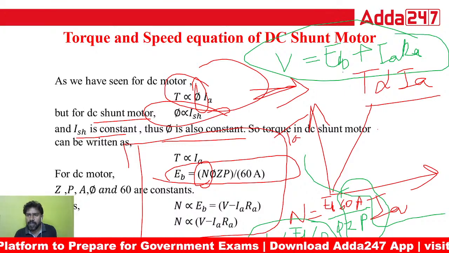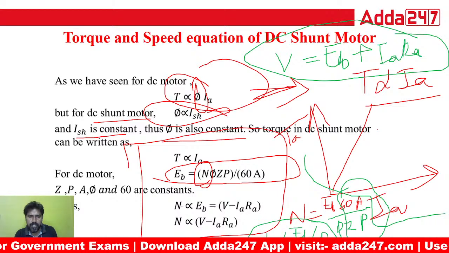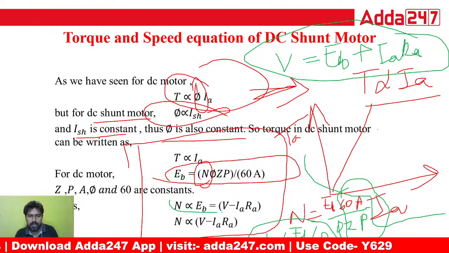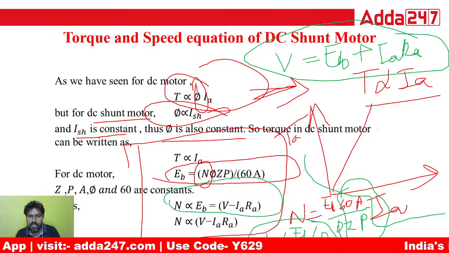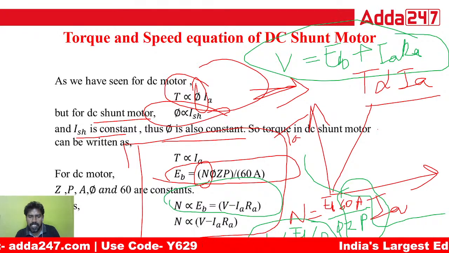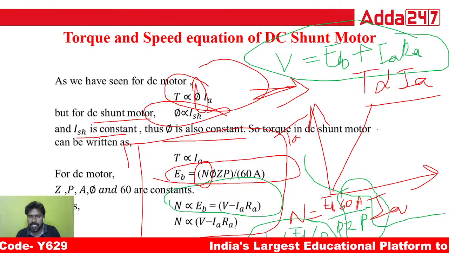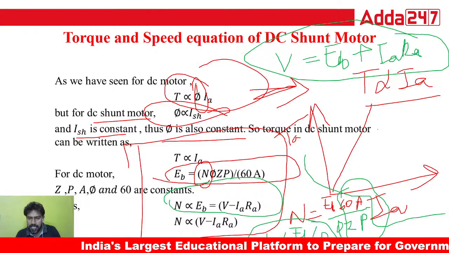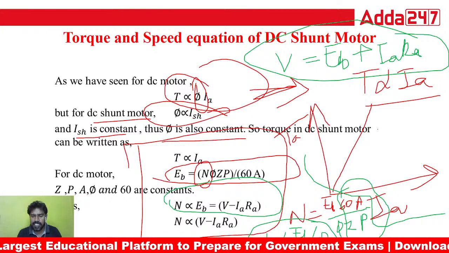So from here, E_b is equal to V minus Ia Ra, and you can substitute it here. Speed is directly proportional to E_b, and E_b is equal to V minus Ia Ra. So then N is directly proportional to V minus Ia Ra, divided by the flux. So you will get this equation.